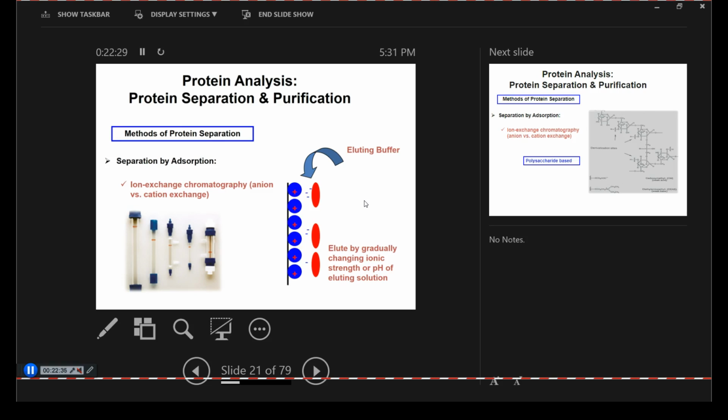Separation by adsorption, and this is basically chromatography. I think I gave you the example of whey protein isolate from Agropur last time, did I? Yeah. So this is a whey protein ingredient that is produced by ion exchange.